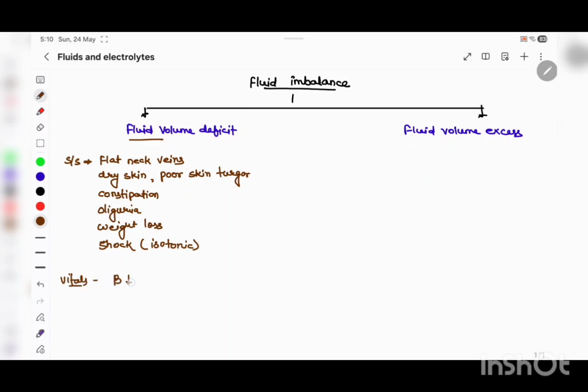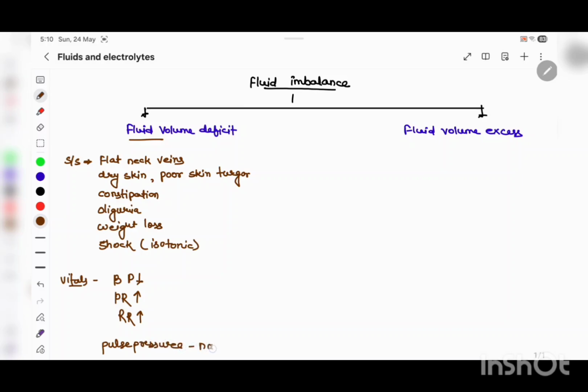Next, in vitals, what changes will be there? BP will decrease, and alternatively pulse rate and respiratory rate will increase. One important thing we should remember is pulse pressure. How do we calculate pulse pressure? Systolic BP minus diastolic BP.